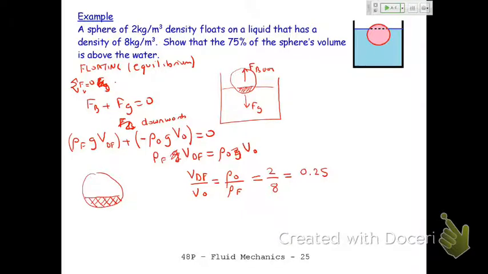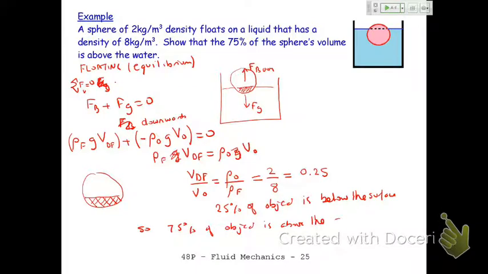Agreed? Yes. So 25% of object is below the surface. Which means the rest of it is. So 75% of object is above the surface. Proved.